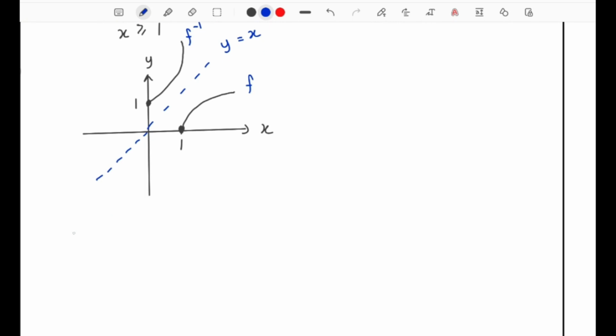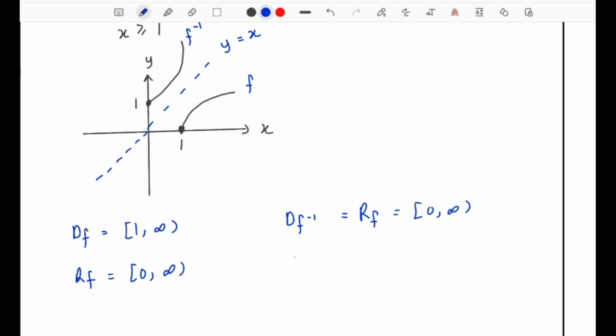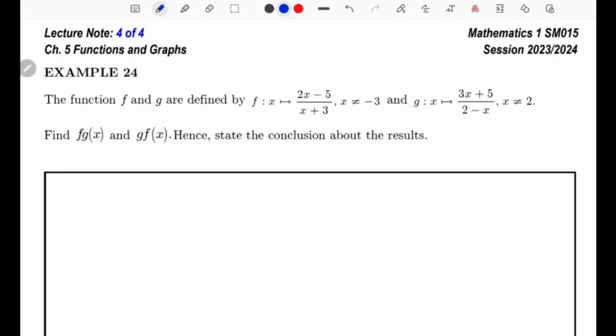The domain of f is [1, infinity). The range of f is [0, infinity). So the domain of f inverse is equal to the range of f, so it is [0, infinity). And the range of f inverse is equal to the domain of f, which is [1, infinity).